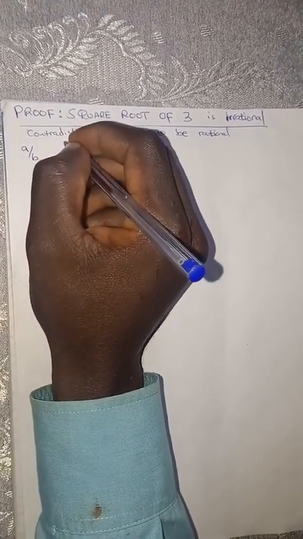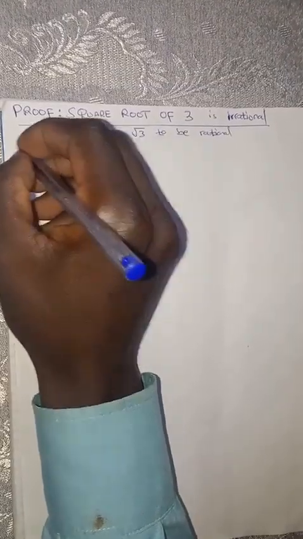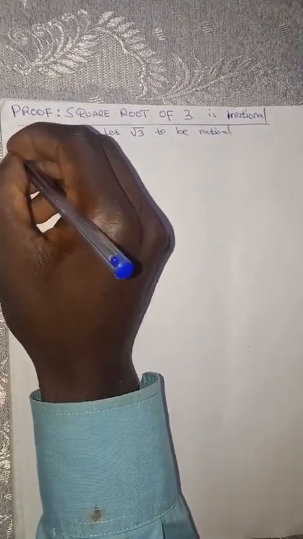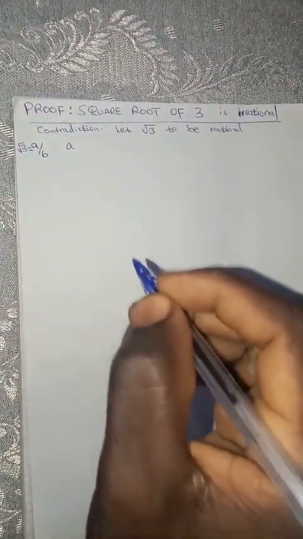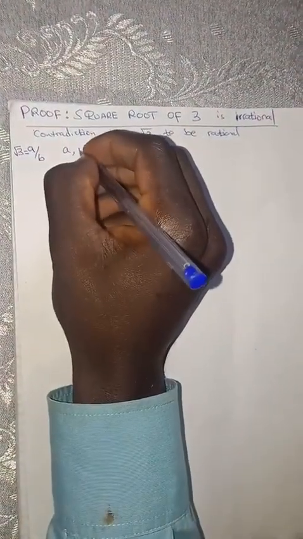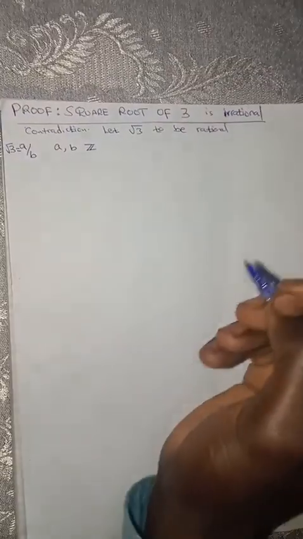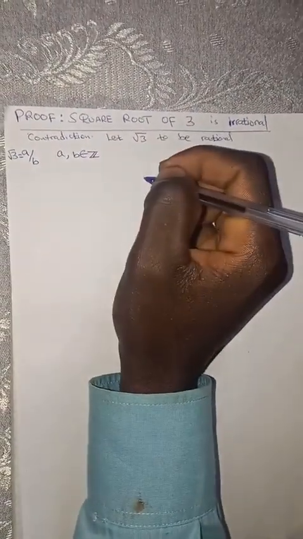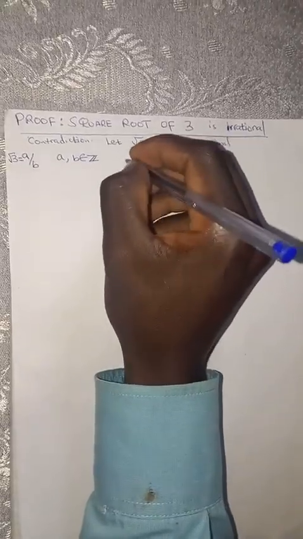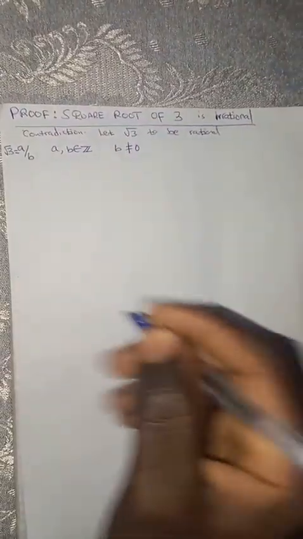That means the square root of 3 equals a over b, where a and b are integers, members of the integers, and b is not equal to 0.